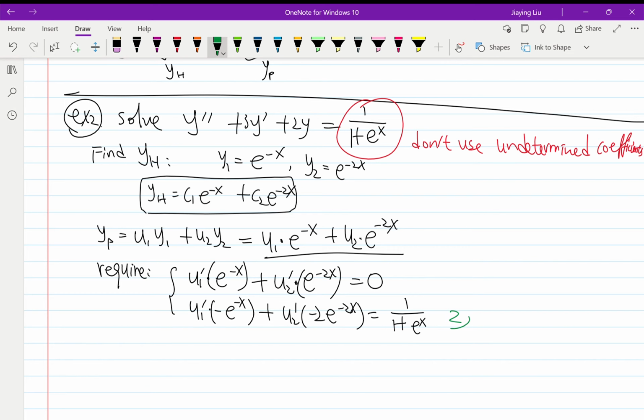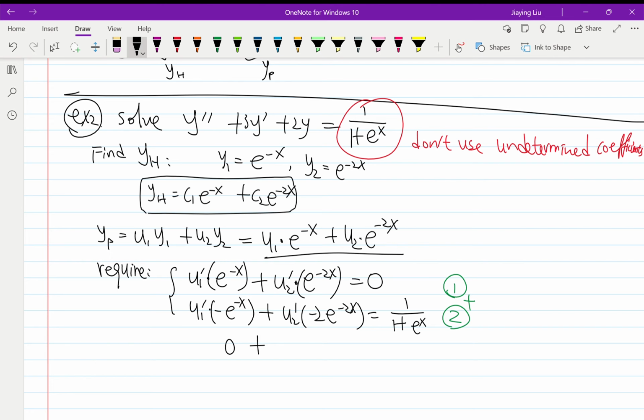So we're going to take equation 2 and equation 1, we just literally add the terms together. So I get a 0 plus, if I add the middle terms, this is a positive 1 times this is a negative 2 times the rest, u2 prime e to the negative 2x.